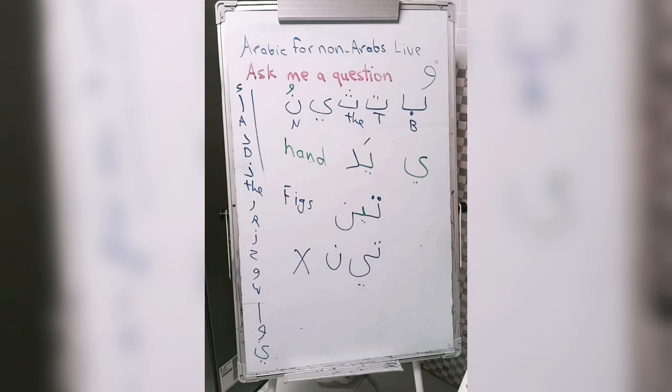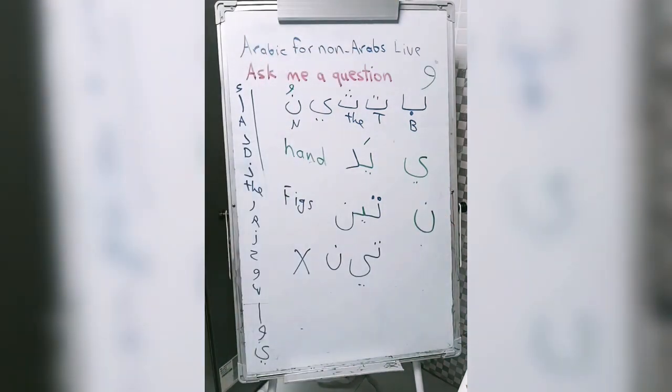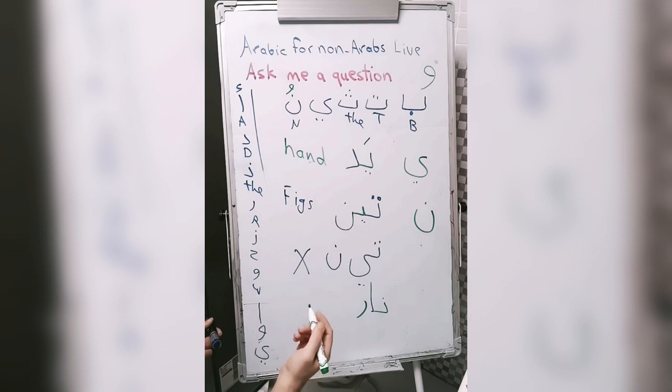Also letter N, same thing. If I say letter N, I'm going to change na to the beginning. Like when we wrote nar, na, nar. If na in the middle, I can say, for example, just meaningless word.